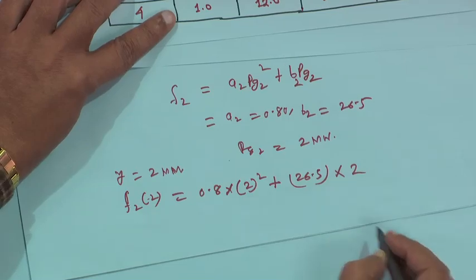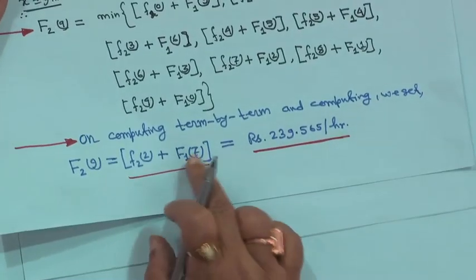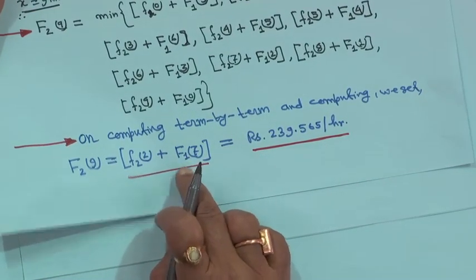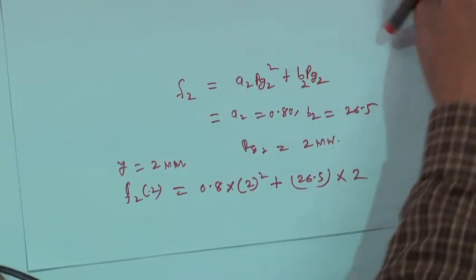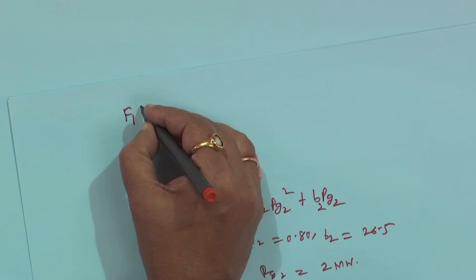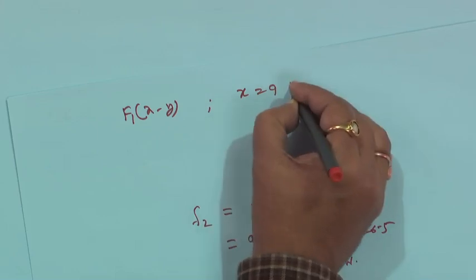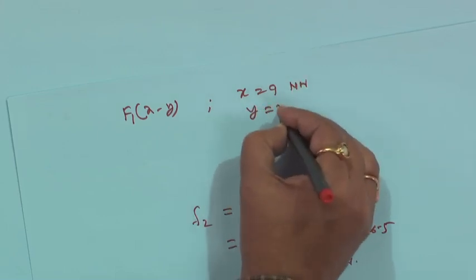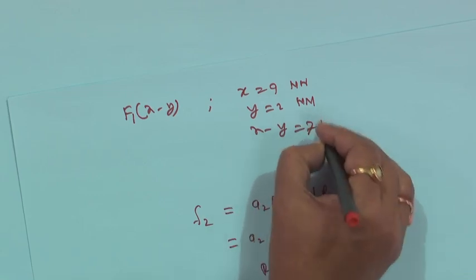Whatever we are telling here, the next is f17 for the unit 1, that means for capital F1, for the unit 1, that is x minus y. The total demand is given, x is equal to 9 megawatt and y is equal to 2 megawatt, that means x minus y is equal to 7 megawatt.